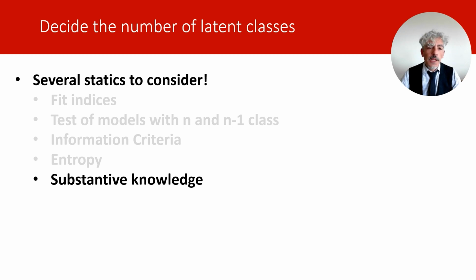And finally, it's also important to consider if the models selected are providing plausible solutions when we want to choose the best or the optimal model. The choice of these models should also be based on theory and/or substantive knowledge.